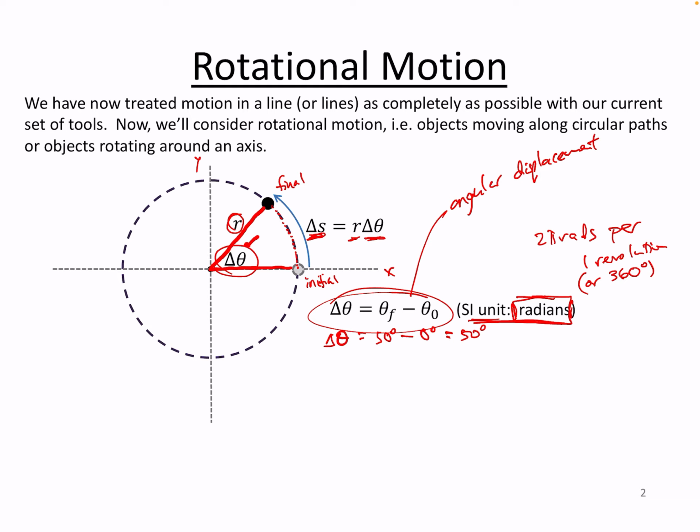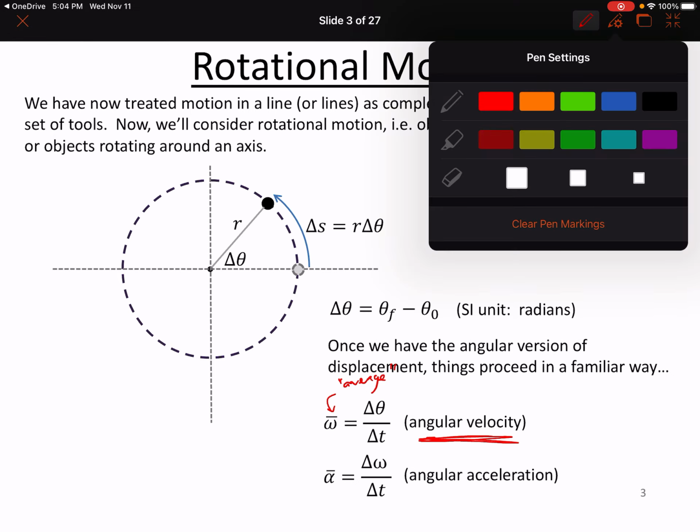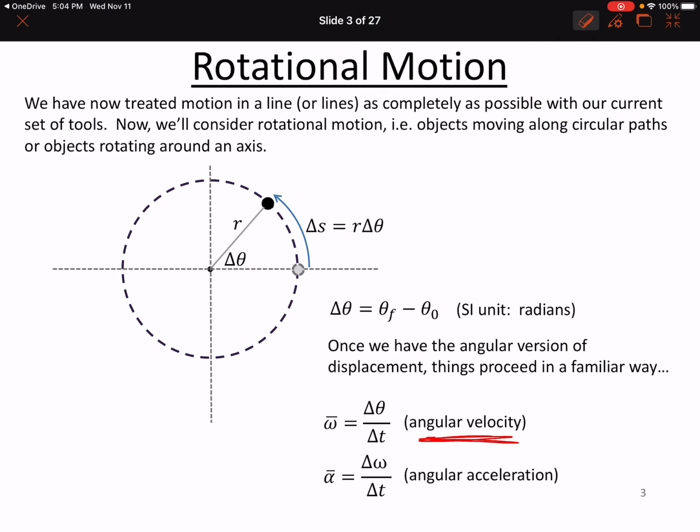Now, once we have this definition of angular displacement, we can ask the usual questions. We might want to know how quickly this angular displacement happens. In that case, we need to define an angular velocity. The little bar means average.